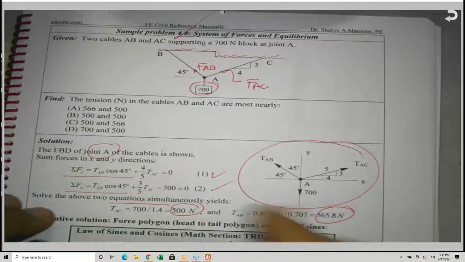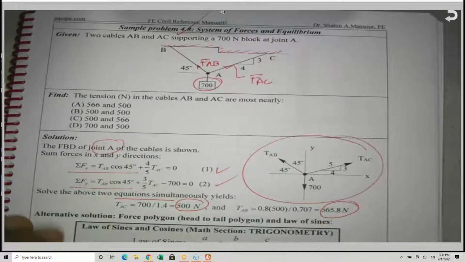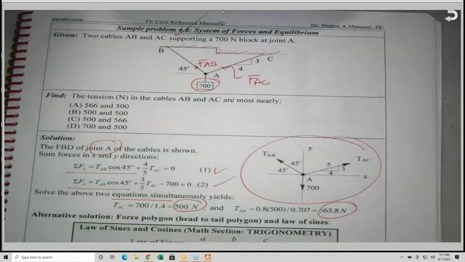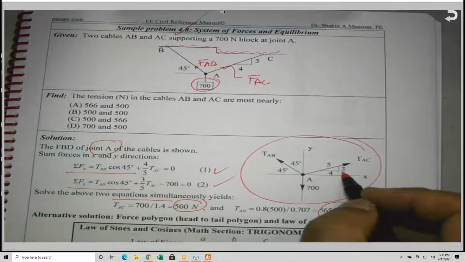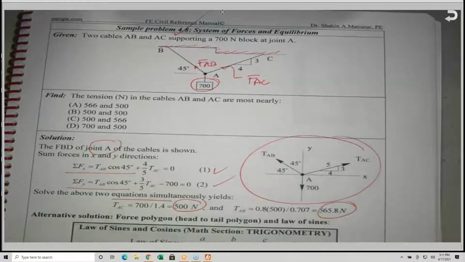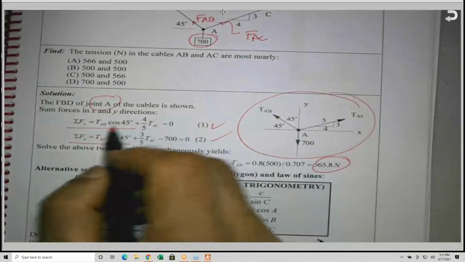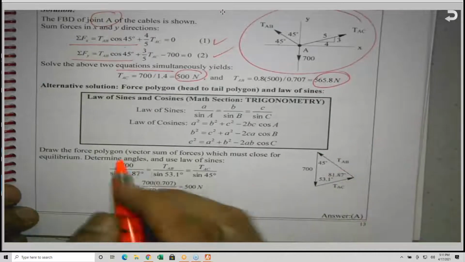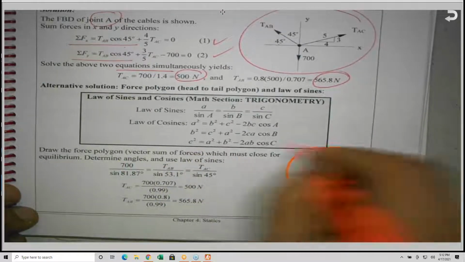This is if you decided to resolve the forces, one in X and one in Y. And we need to know that. You see here also 3, 4, 5 and 45 degrees. We need to make sure that we are using the proper sign. There is another way we can do it, which is to construct what is known as the force diagram.